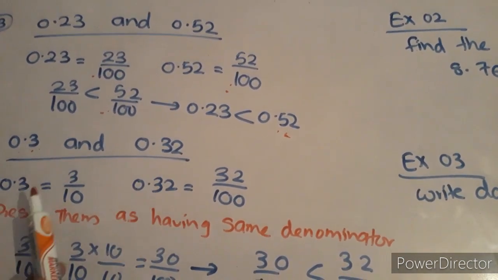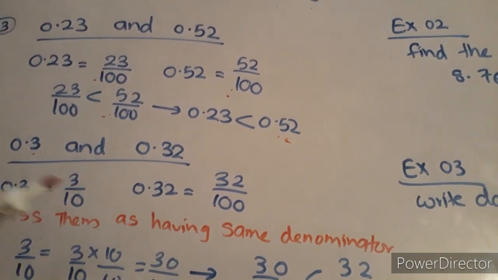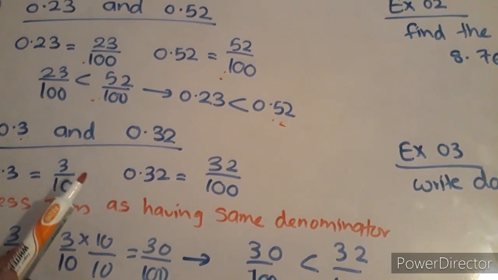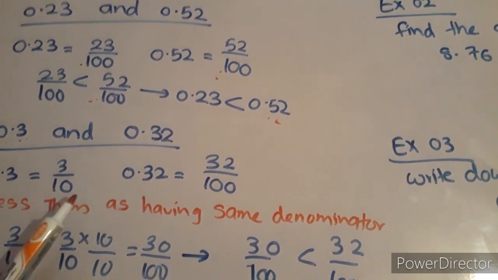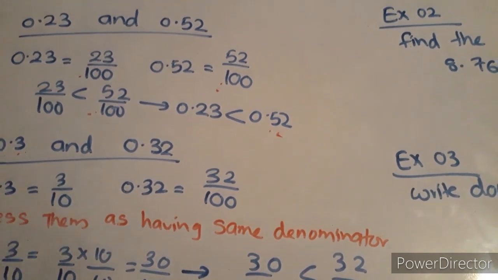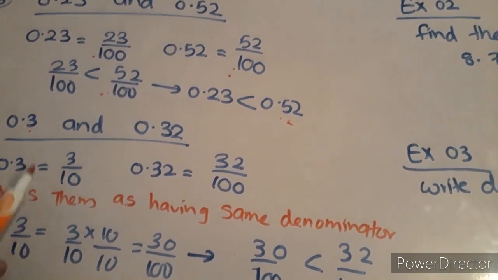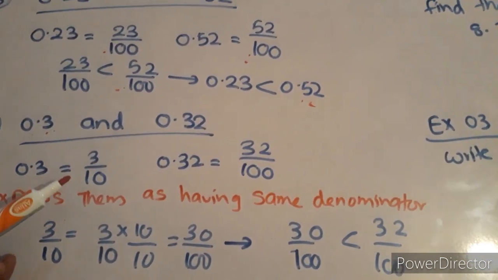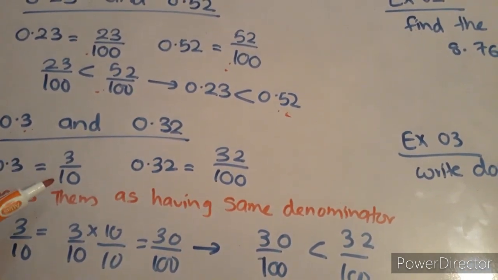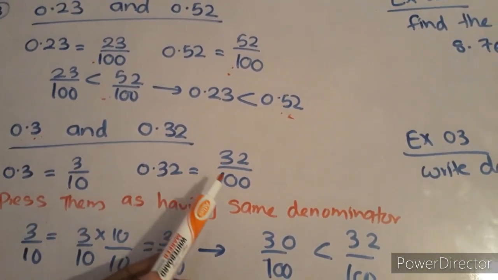To compare the fractions, you have to take the denominators as the same number. If it's easy to convert into 10, convert into 10, or convert into 100. It's easy to convert into 100 because you can multiply this by 10, then the denominator becomes 100. So you have to make the denominators the same value.